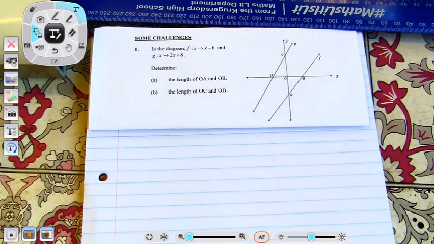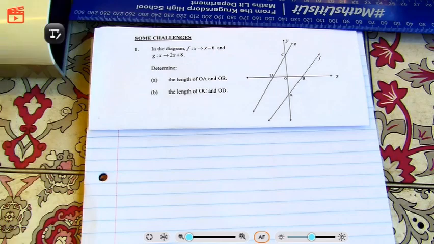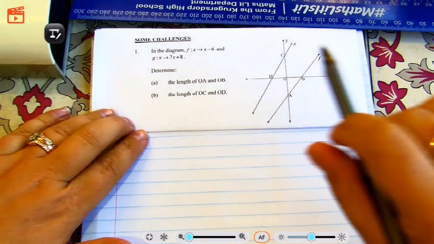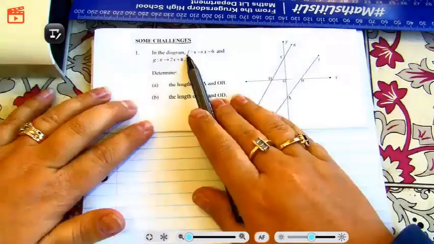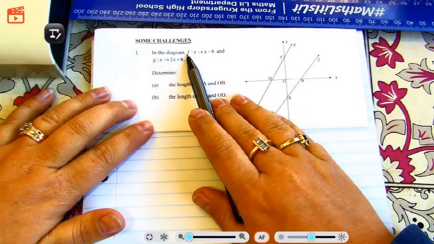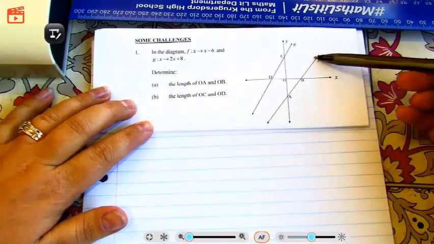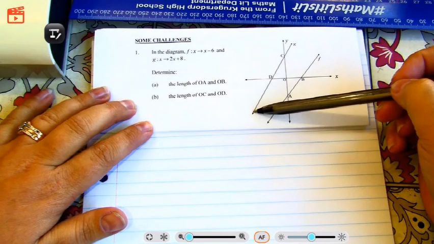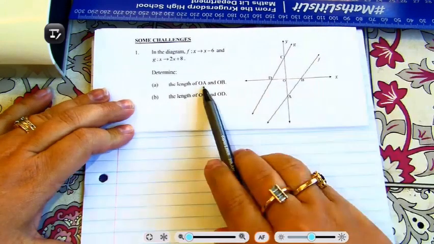Alright, so in the first one, it tells you in the diagram the graph f, so this one here, is y is equal to x minus 6. And they tell you that this graph g is y is equal to 2x plus 8. So the first thing that they're asking us to do is to work out the length of OA and OB.